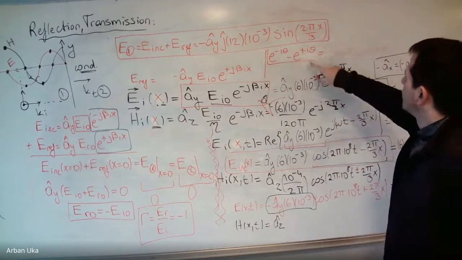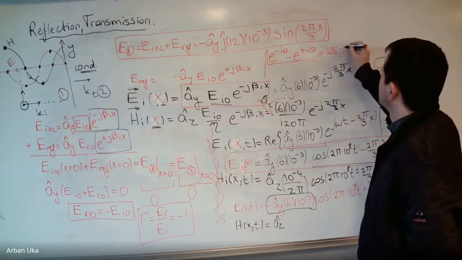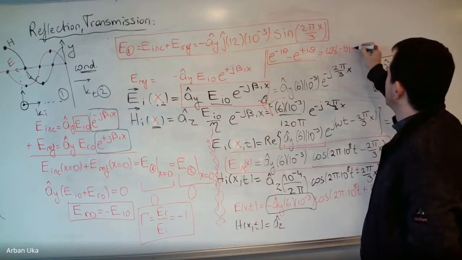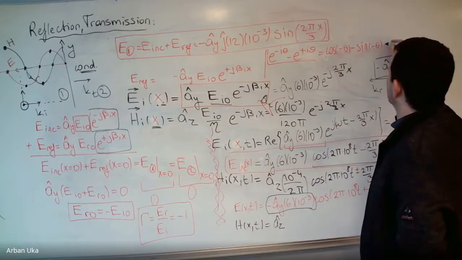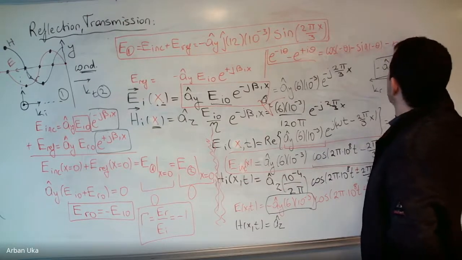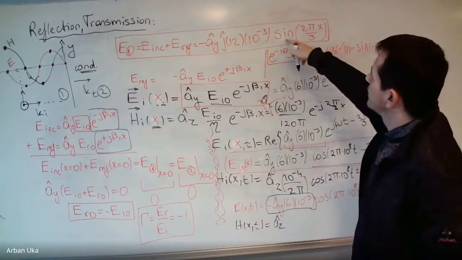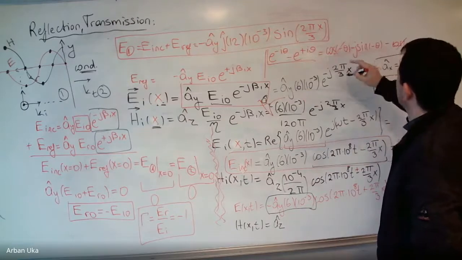And I hope this is also clear, because e to the power minus j theta is cosine theta minus j sine theta, and e to the power plus j theta is cosine theta plus j sine theta. So here you can see that the cosines cancel out. And finally, we are going to get this wave. Sorry, we have also the j here, I forgot.